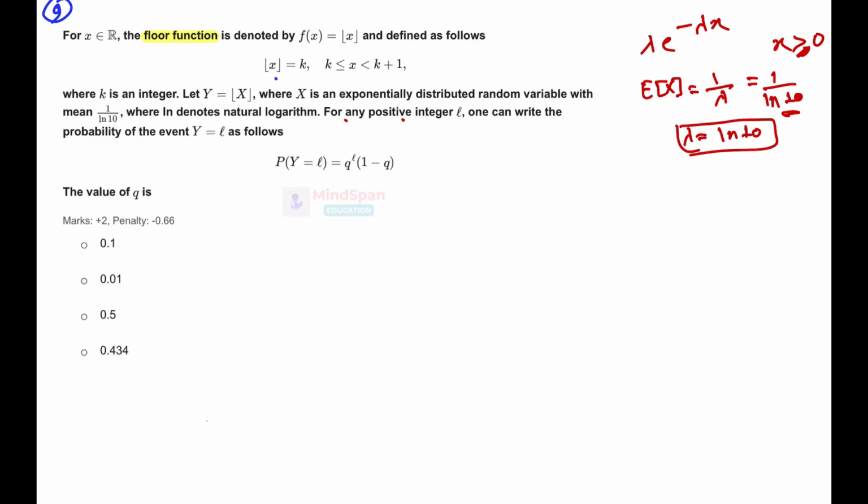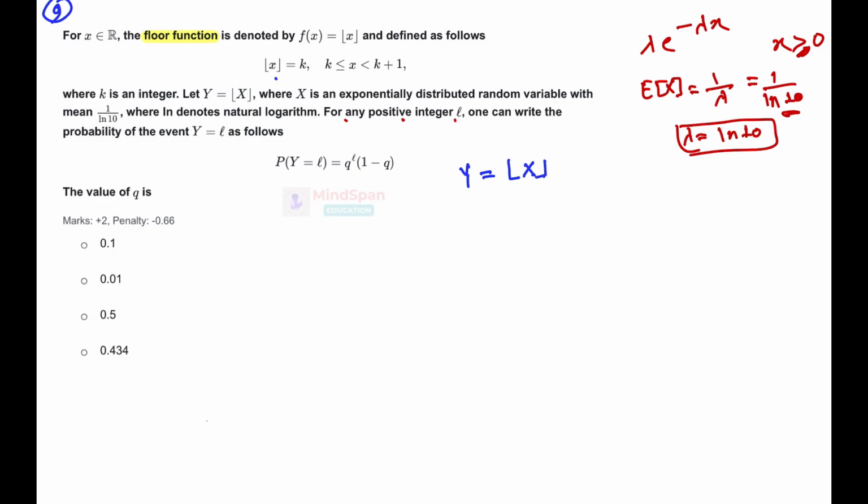So for any positive integer l, one can write the probability of the event y taking the value l as follows. Okay, so this one is also an easy question. So let me first of all explain what is given to us. So this random variable is x, right?